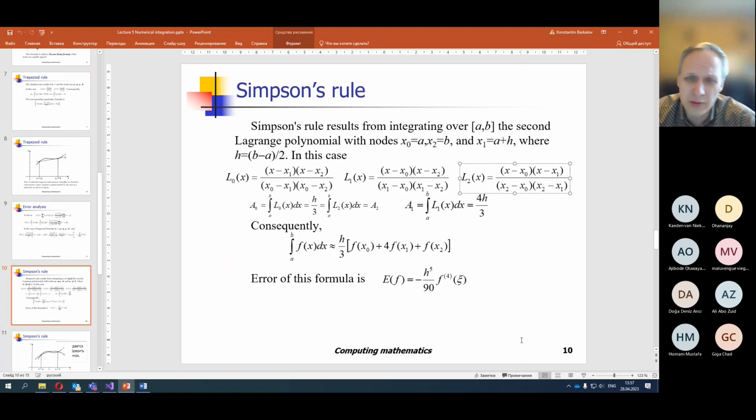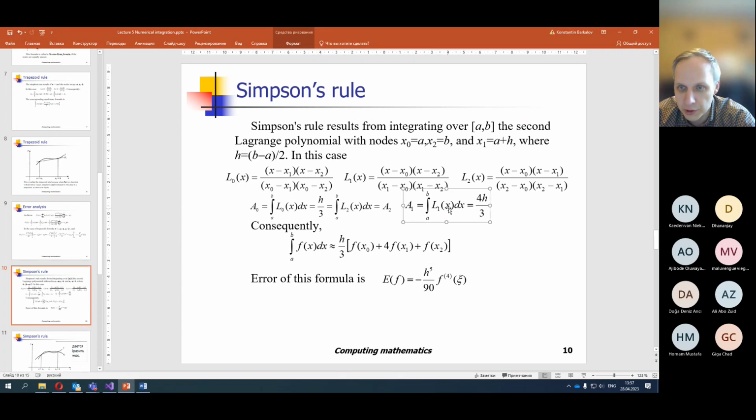Well, I skip the integration of these coefficients, but they can be integrated, and after the integration, we find that the integral from a to b of L0 of x equals the integral from a to b of L2 of x dx, and the value of the integral equals h over 3. So two coefficients are equal to h over 3.